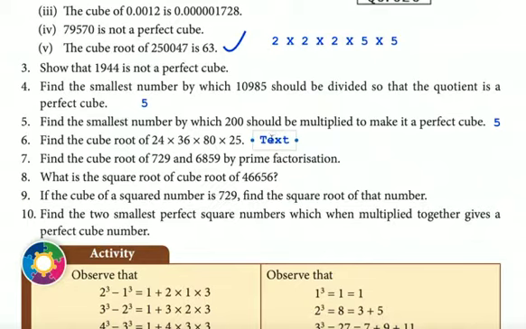24 can be written as 4 into 6. 36, 4 into 9. Then 4 into, no, 20, 20 into 5 into 5. Oh, sorry. 5. This is the given number. How many fours are there?